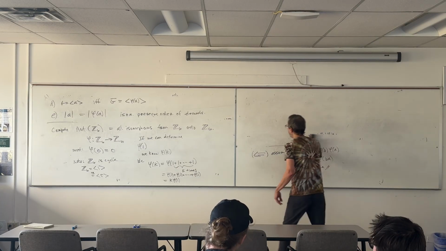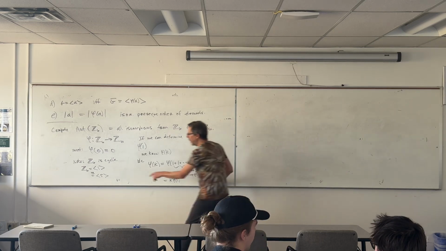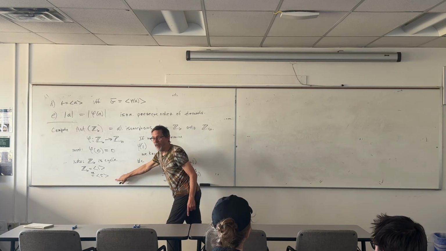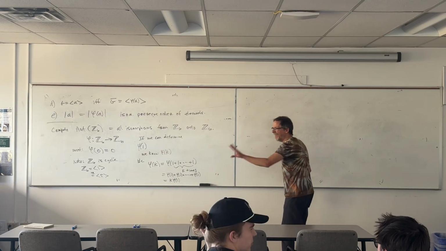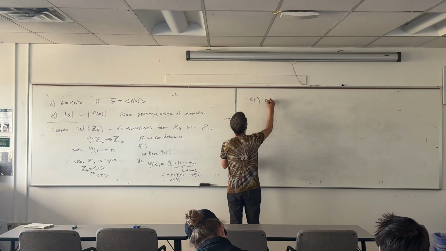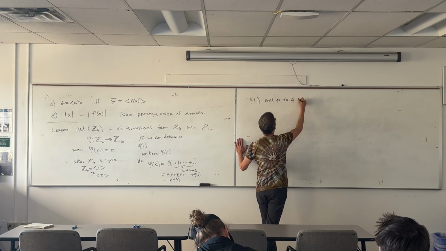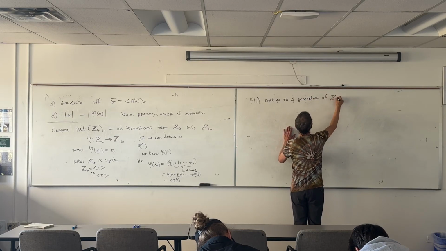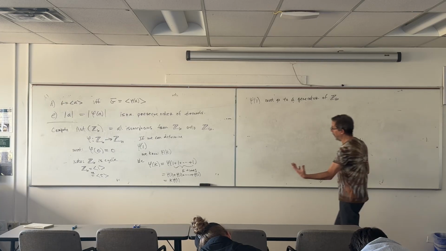So where should I send phi of 1? Yeah, I think 1 to 1. There's only 2 places to send it. 1 or 5. And this is how the 5 will come in. Does that make sense? Yeah. So phi of 1 must go to a generator of Z6 because 1 is a generator of the input group.